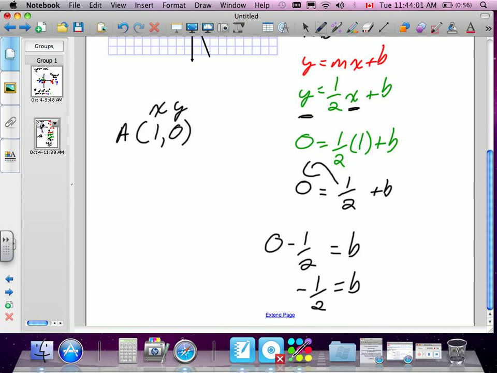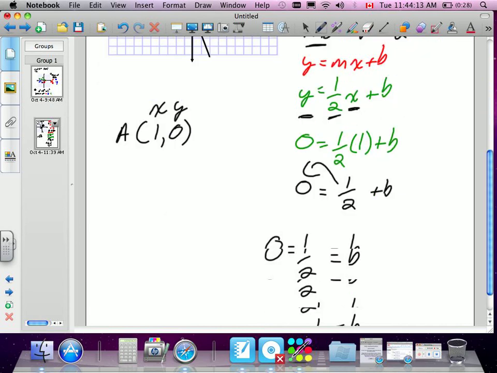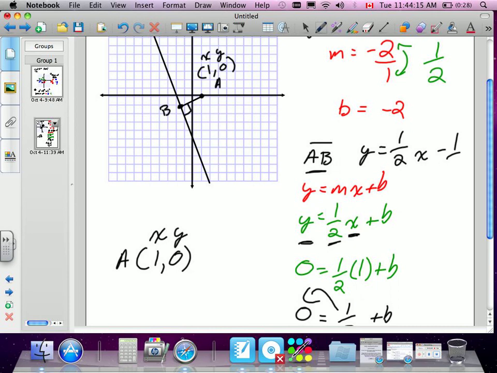So the equation of our line AB is y is equal to, here's our slope, 1 half x, and our y-intercept is negative 1 half. So this is the equation of our line segment AB. They just want the equation of the line.